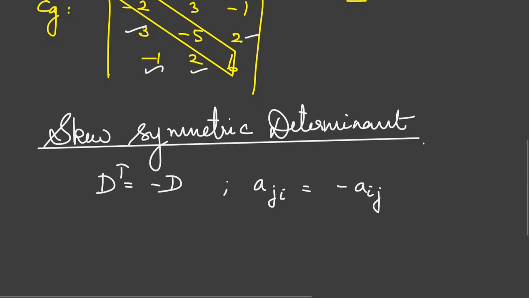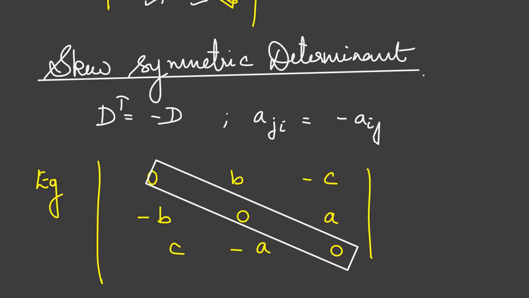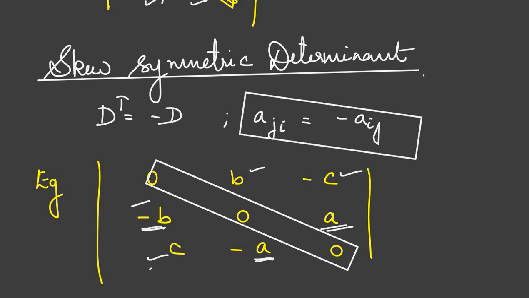For example, we can take the determinant where the diagonal elements are all 0, and A12 is equal to minus of A21, A13 is equal to minus of A31, and A23 is equal to minus of A32, which satisfies the condition Aij equal to minus Aji. Therefore, this is a skew symmetric determinant.